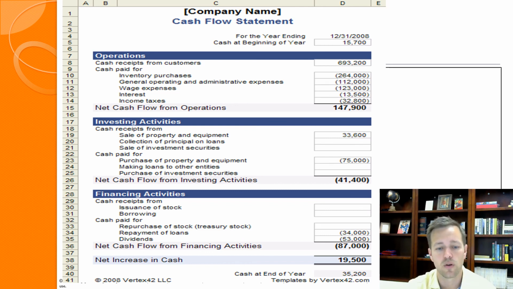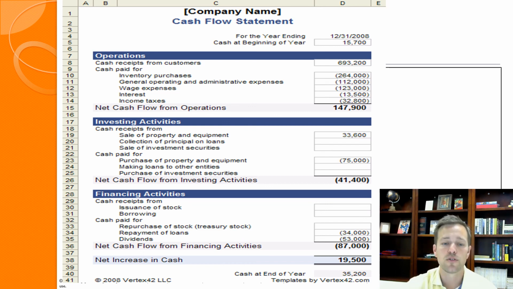Again, several categories here that we don't have anything for. We did pay $34,000 back in loans, so apparently we had a loan from the bank and we made monthly payments and the total amounted to $34,000, or it might have been quarterly payments or a one-time lump sum payment for the year of $34,000. And we also had some investors in our company, so we paid out $53,000 in dividends.